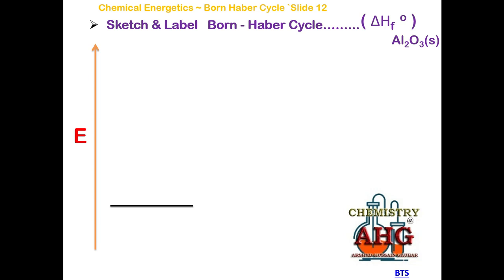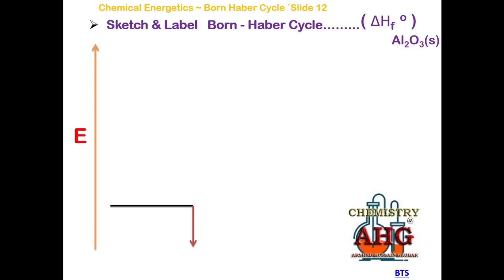For example, in this case, aluminum oxide is made up of aluminum and oxygen. So that is why aluminum and oxygen will be placed on this horizontal line. Next, you can see from this line an arrow going downward. What is the reason?